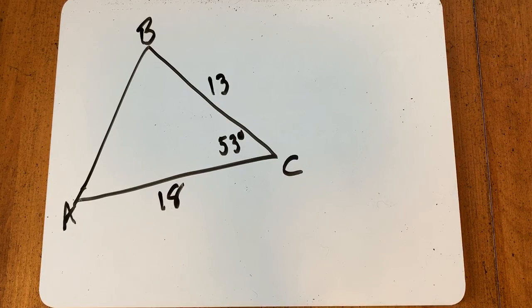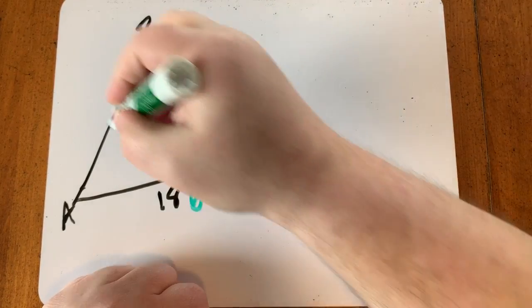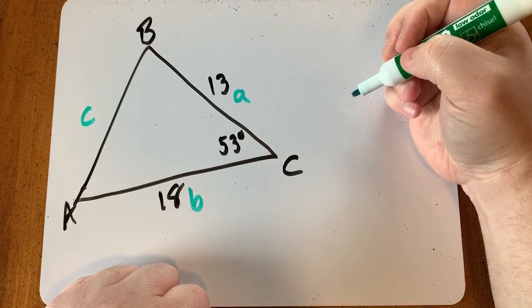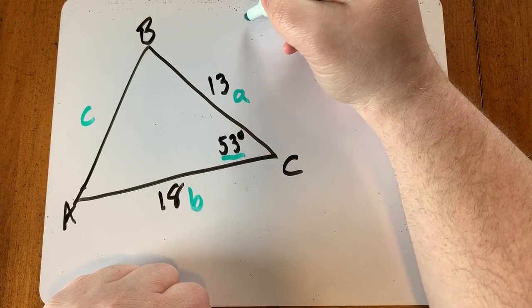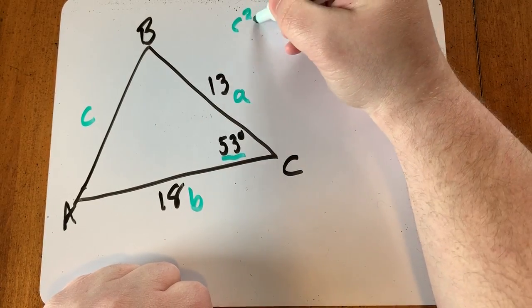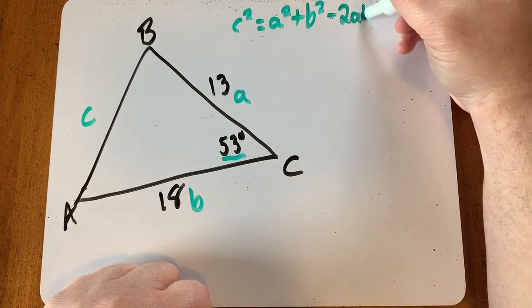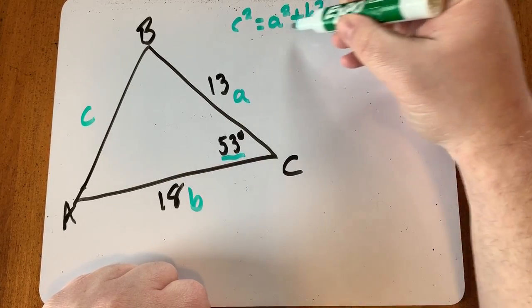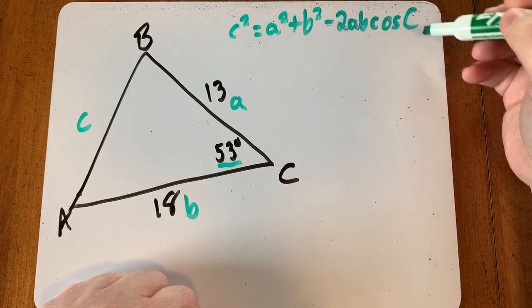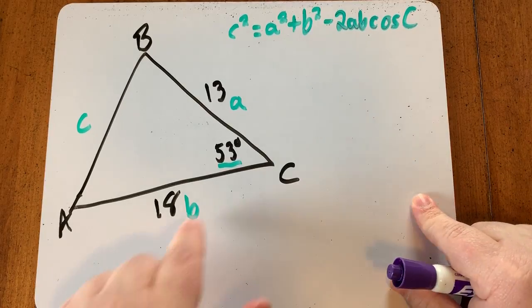So we knew sides A and B, and we were looking for side C. And we also knew angle C. So the version of the law of cosines we would use is c squared equals a squared plus b squared minus 2ab cosine of C, because we know everything on the right side of this equation. So let's plug in this information and find out what c is.